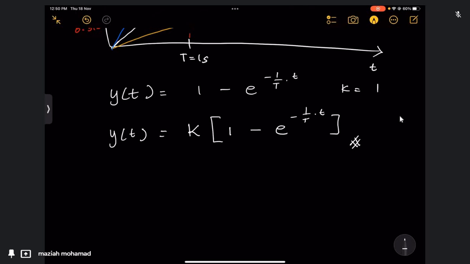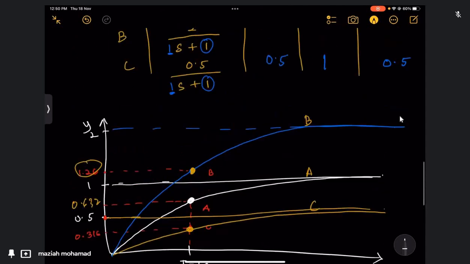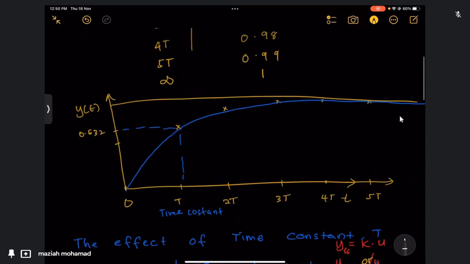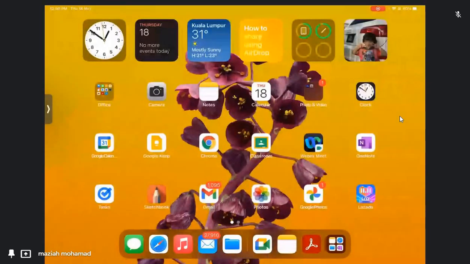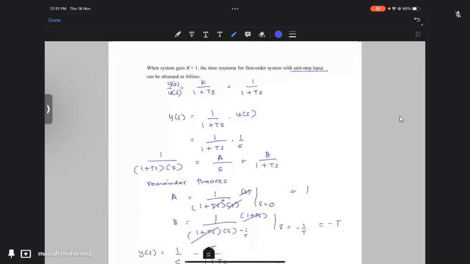Doctor, the Y steady state is K multiplied by U, right? Yes. Where do we get U? U is the input. When we first derived, we used this system, where the input is a unit step input and we consider K is 1.